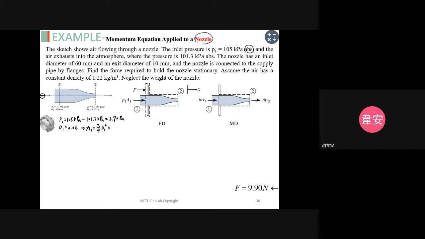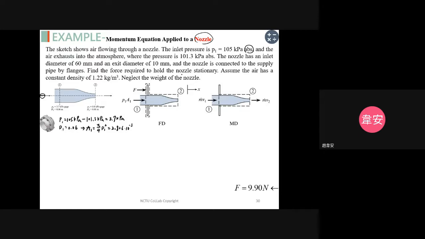If we calculate the answer with the calculator, for π multiplied by the diameter squared, 0.06 multiplied by 0.06, and divided by 4, the area of the cross-section A1 is 2.826 × 10^-3.